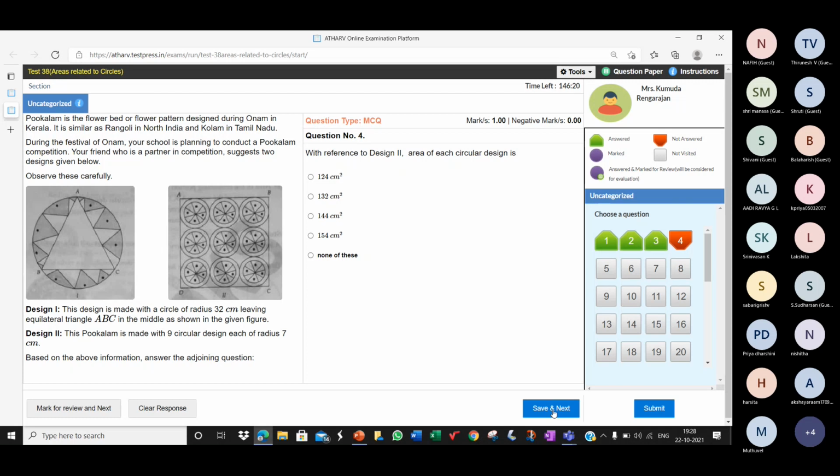Area of each circular design is 154 centimeters square. The radius is 7. So pi r square, pi into 7 square.